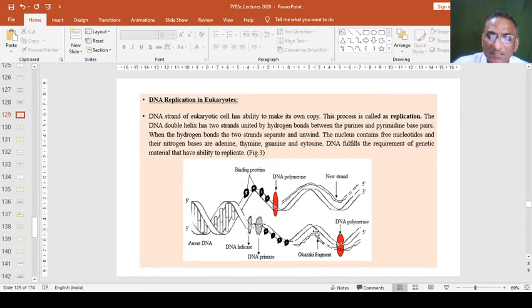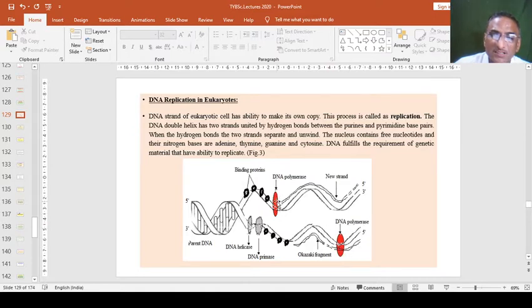This is called the Okazaki fragment. These two new strands are formed, and the pairing is made by the DNA polymerase enzyme.